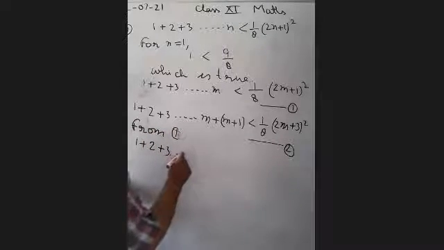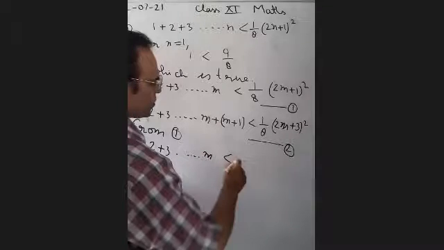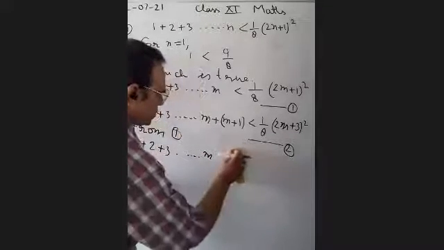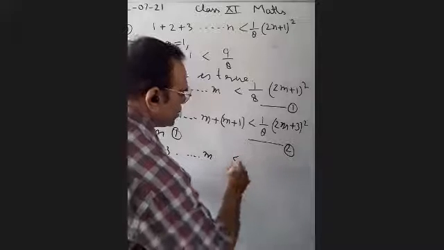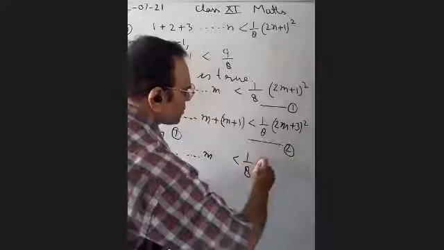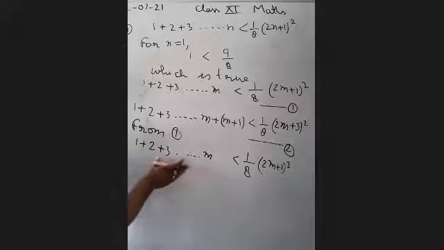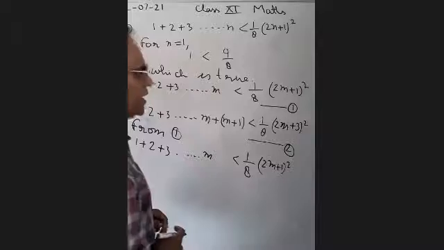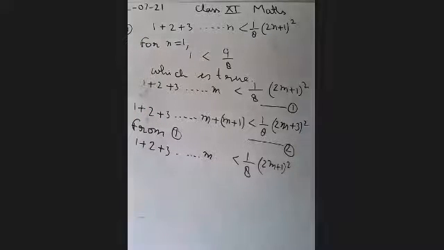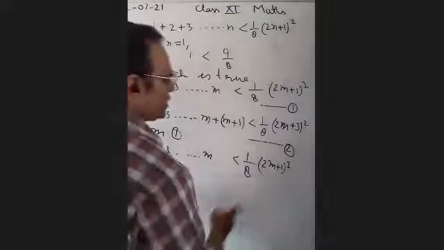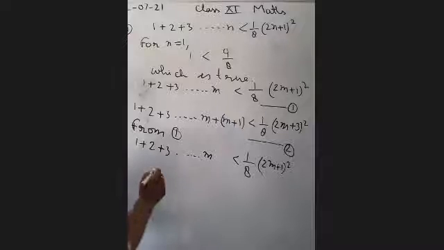It is less than 1/8 into 2m plus 1 whole square. देखिए ये जो पोर्शन है that is less than this portion. If we add, देखिए अगर 3 is less than 5, 3 में अगर हम 2 add करते हैं और 5 में भी 2 add करते हैं तो 3 plus 2 that will be 5 और 5 plus 2 will be 7. तो 5 will be less than 7, यानी कि same thing, if we add on both sides, the result we will get the same. ठीक है.